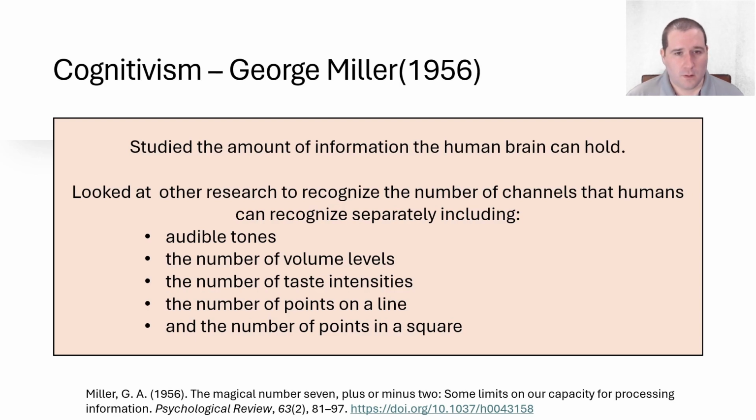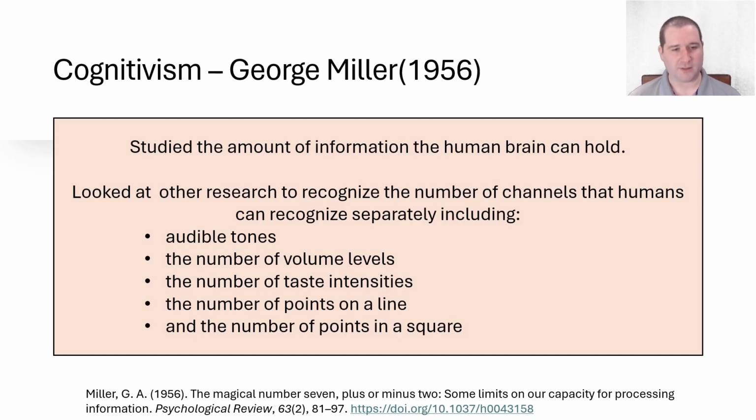So George Miller looked at other researchers and he kind of compiled all this information and he found this magical number of 7, which he says down here. The magical number 7 plus or minus 2. And he found that a lot of times the human brain gets stuck at around 5 to 9 categories.